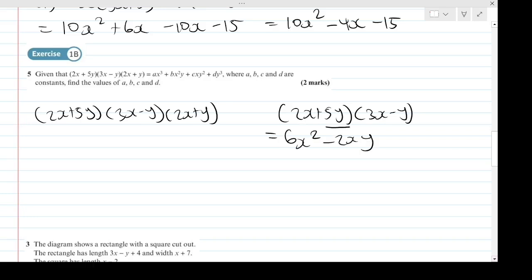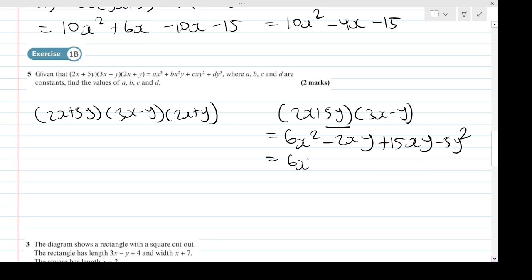Then I'm going to have a 5y times everything. So 5y times 3x is plus 15xy. 5 times 3 is 15, xy is xy. And then 5y times minus y is minus 5y squared. Okay, and we can simplify this because we have two different xy terms.